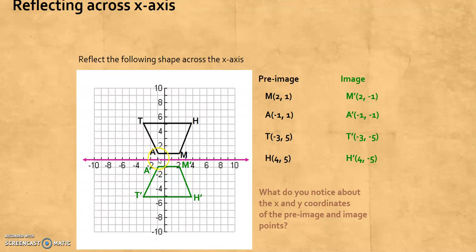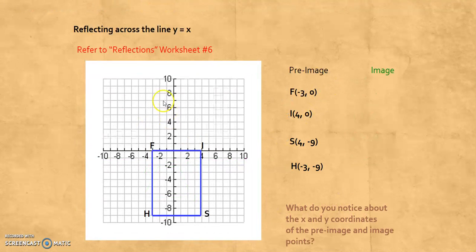Vertex A went to the left and up, and this time we went to the left and down. So we're going the same distance to the left, but instead of going up 1, this time we went down 1.